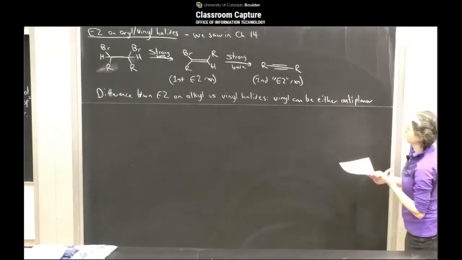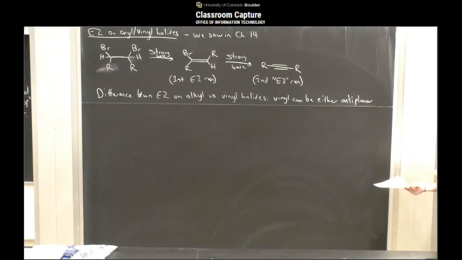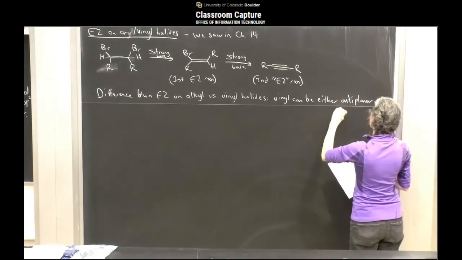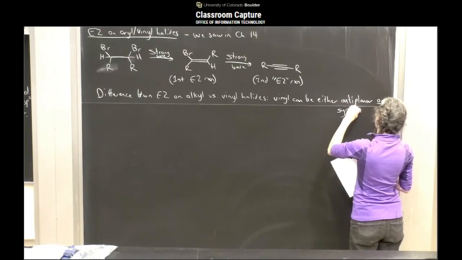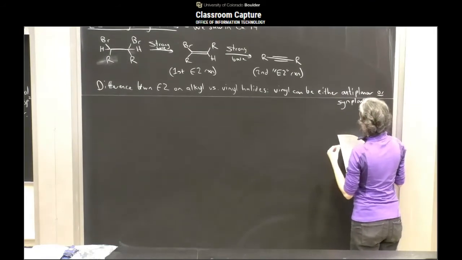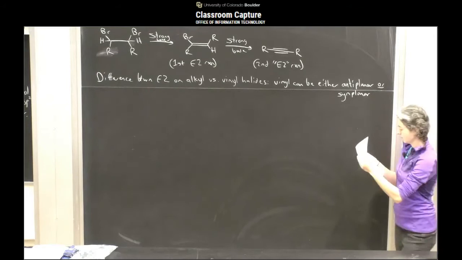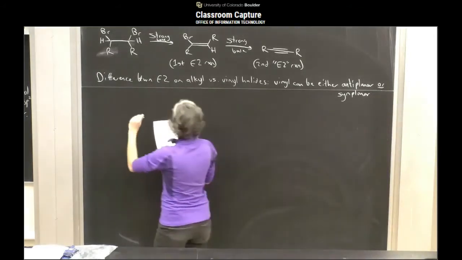So it can be antiplanar, just like it was when we were doing it for the regular alkyl halide. Or synplanar, which means that the Br and the H are actually pointing the same direction in the same plane.